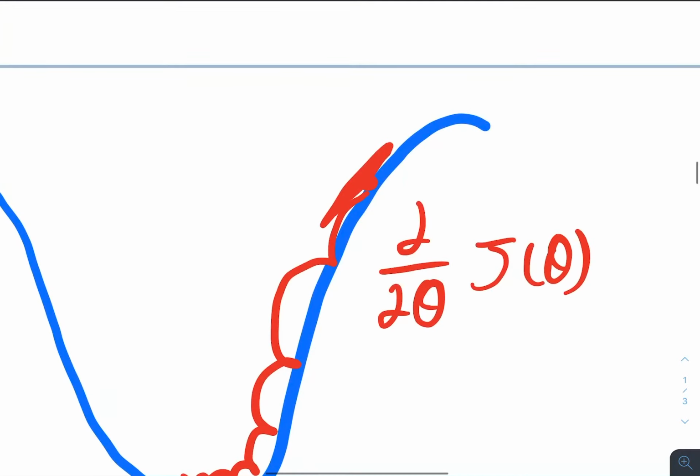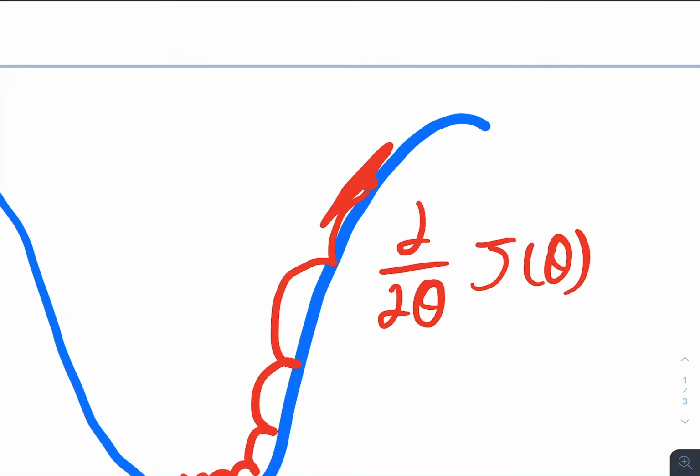You see this little red point right here. What would you say the slope is at that point? Well, the slope we call the derivative, which you can think of as dy over d theta. Think of d as a small difference, in this case an infinitely small difference.